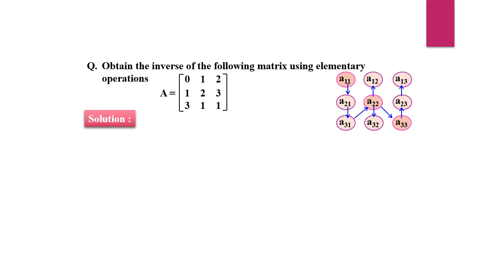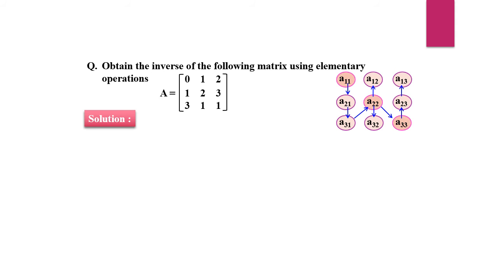We will discuss an example on how to obtain the inverse of a matrix of order 3 cross 3. Consider the example, matrix A equal to 0 1 2, 1 2 3, 3 1 1. We need to apply the property on the first row first element, and in the figure over here you can see we are following a W shape pattern. The first element A11 must be converted into 1.